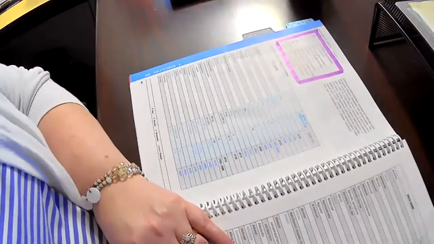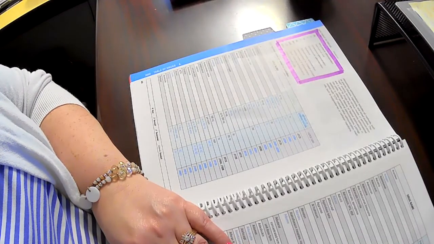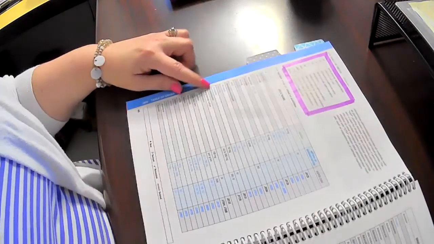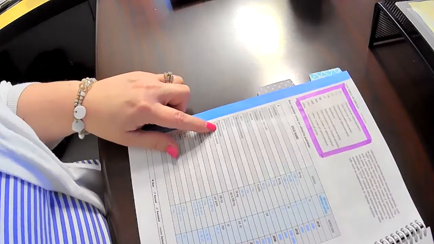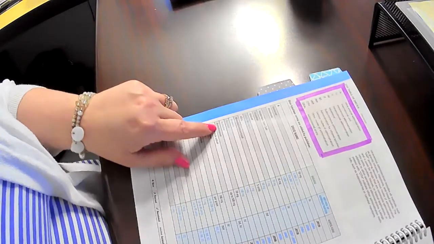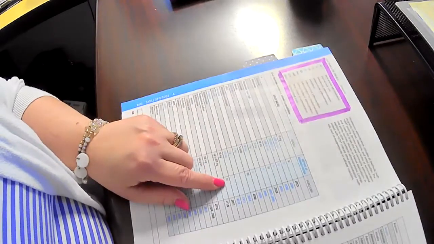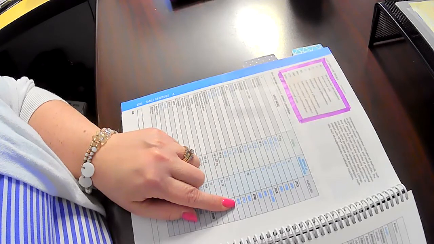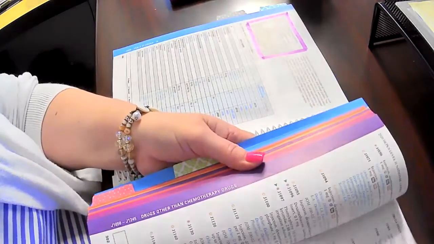So if you wanted to look up acetaminophen, you would look up acetaminophen by alphabet. It's right here under my finger. The dosage, 10 milligrams, IV, and the HCPCS code is J0132. And please bear with me because I just shut mine.